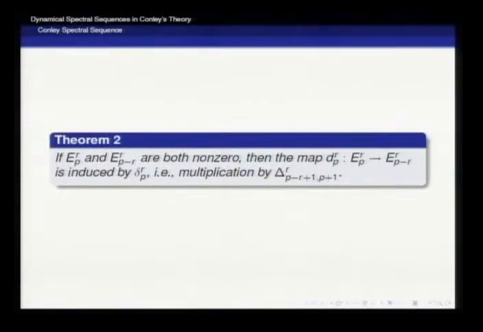So if ER and ERP minus R are both non-zero, this map, the differential, is induced by delta RP, that is by multiplication of this entry. So that's how this entry induces this differential.